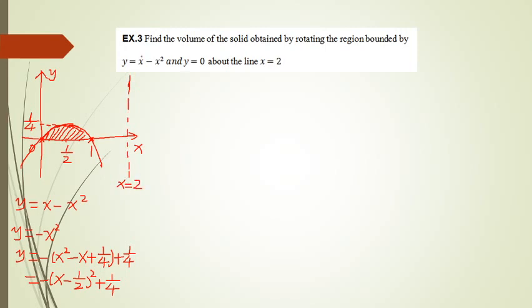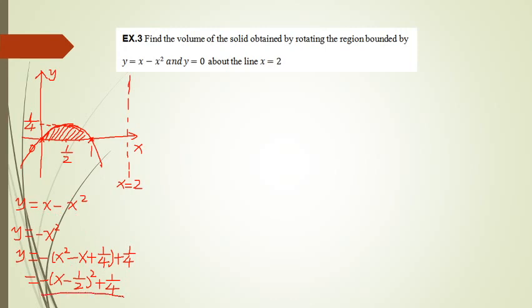One student asked, how can we start from minus x squared to obtain the curve x minus x squared? You just rewrite this polynomial as a complete square in this way.